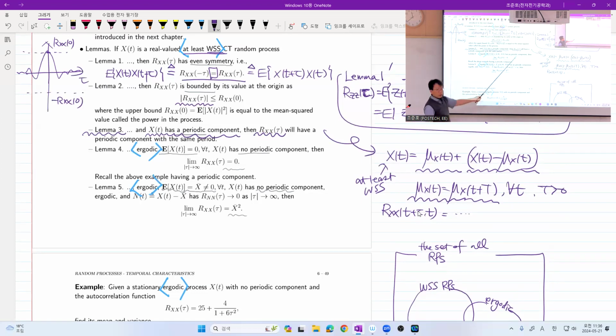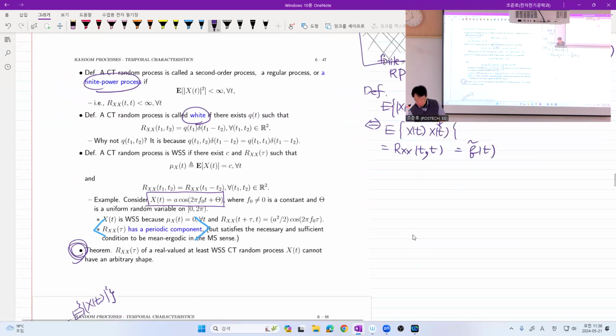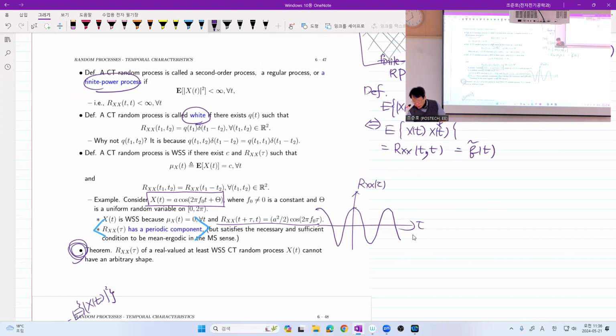And why do I say this? Because we have no periodic component. By the way, the previous example we've seen has an autocorrelation function, as a function of tau, that is periodic with period 1 over f0. Got it?